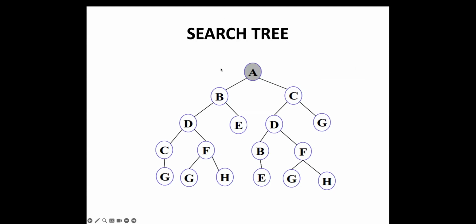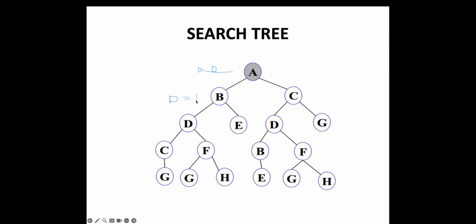This is our root, and because we are starting from here, the depth is 0. When we move one step, B and C are just one step from the parent, so their depth is 1.